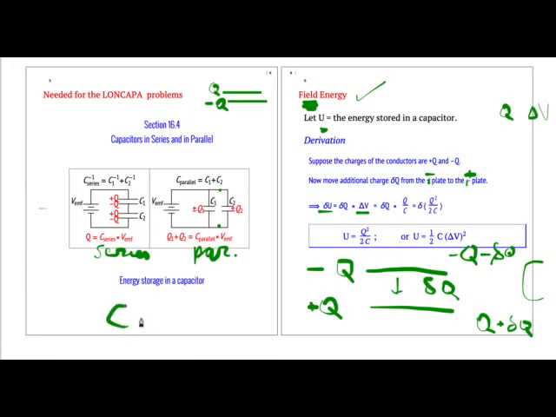Remember, capacitance is Q divided by delta V. So delta V is Q divided by C. Now, the change of Q times Q is the change of Q squared divided by 2.